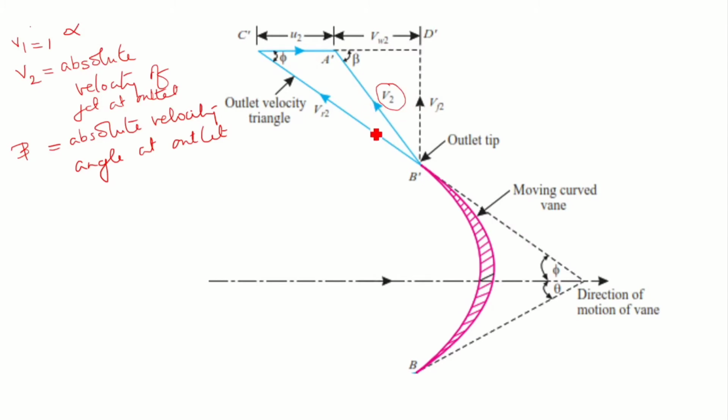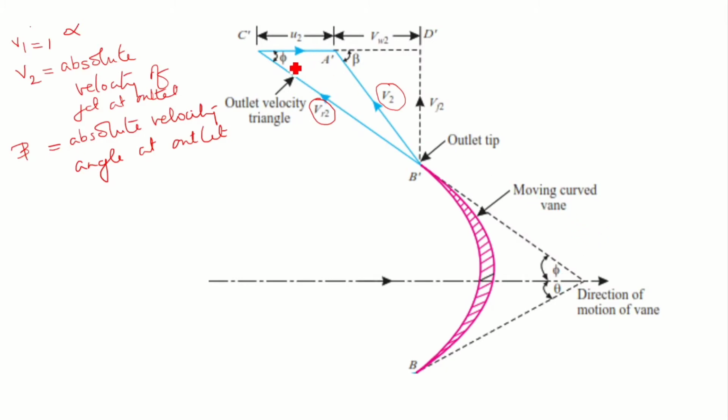Next, the relative velocity with which the jet leaves the plate is VR2, and it leaves the plate at the outlet angle of the blade, which is phi.